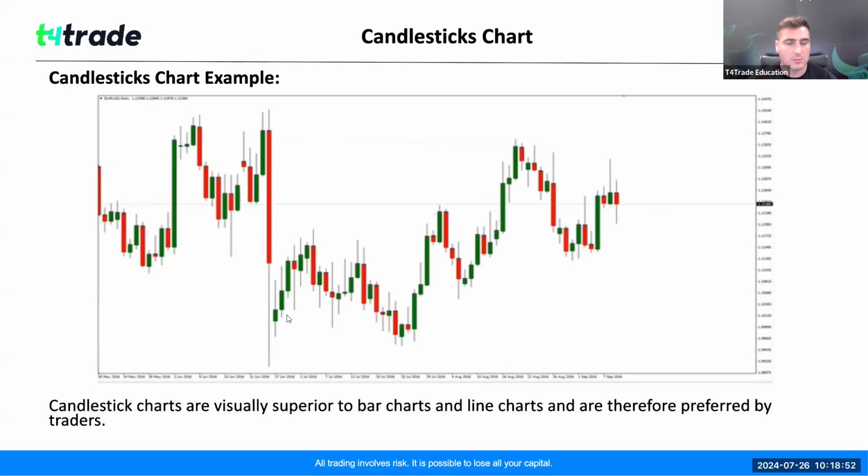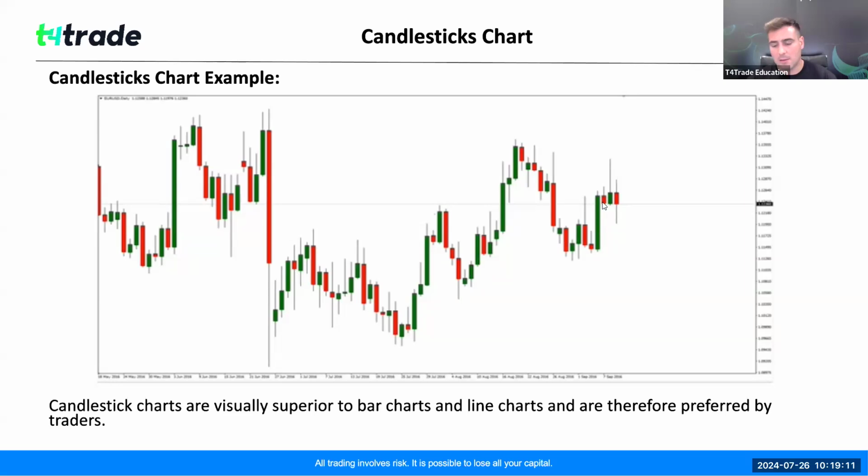Can you spot any candle that is indeed without any tails or wicks? No, apparently not, as far as I can see. If you can spot something, guys, let me know.